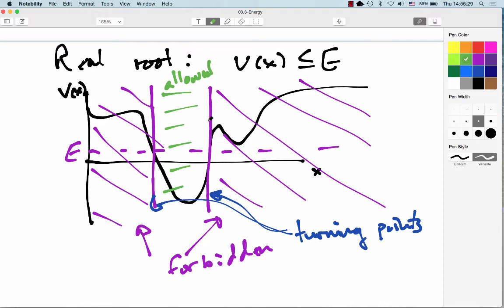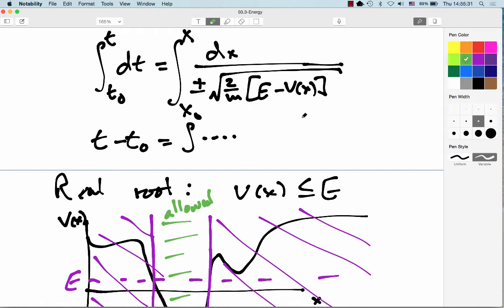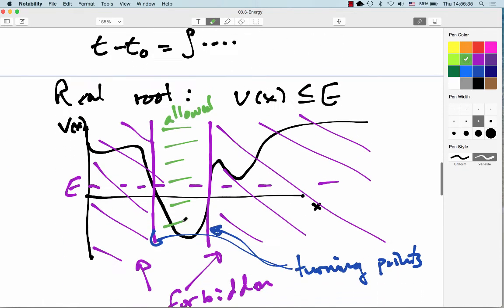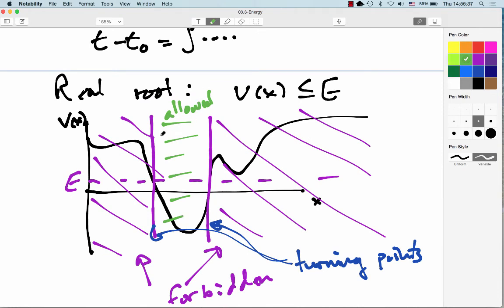So just by looking at this, realizing we can't go imaginary and having to explain why that would be, we get a constraint on our motion. Even without knowing the specific details of the potential energy function, other than some general bit about its shape, we can say roughly what it's doing: it has to be oscillating back and forth here.